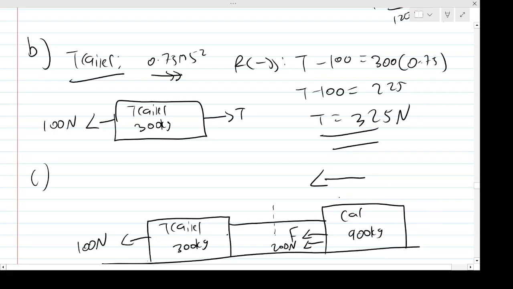So what's effectively happening now is the car is being squashed into. If it's being pushed to the left, it's being pushed into the tow bar. So now the tow bar isn't being stretched, but it's being squashed down. So if the car is moving to the left, the rope has a tension to the right of the car. And this is your thrust.